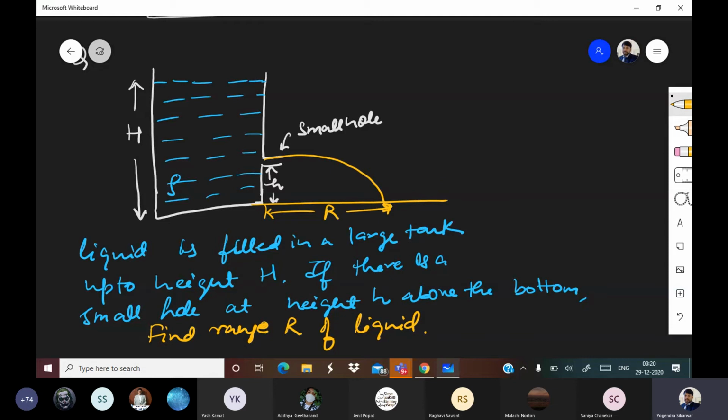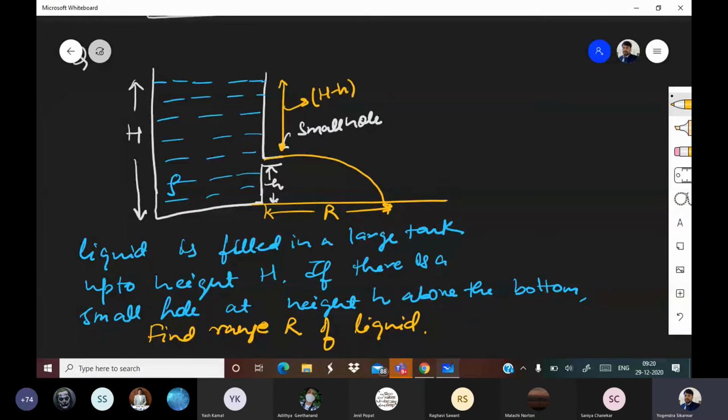Aditya is saying u1 square minus 2gh. No, no, no. Pay attention, everyone. See how much below the top point this is. So this depth is H minus h.